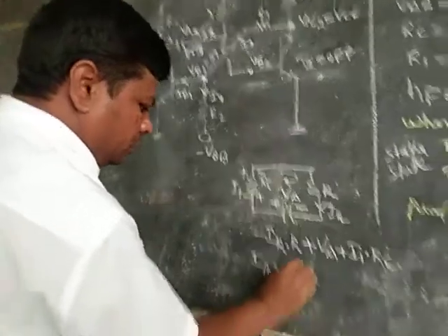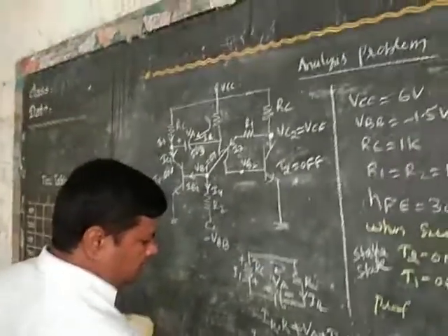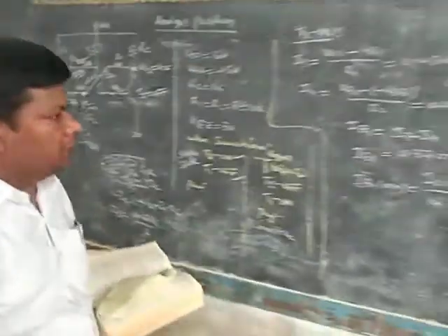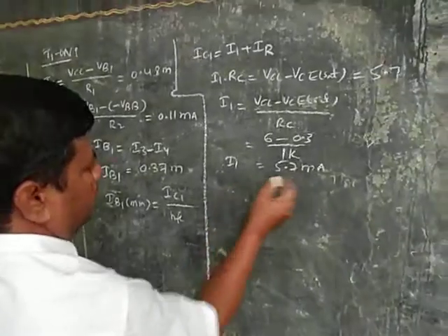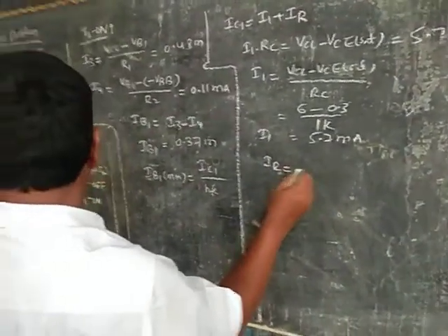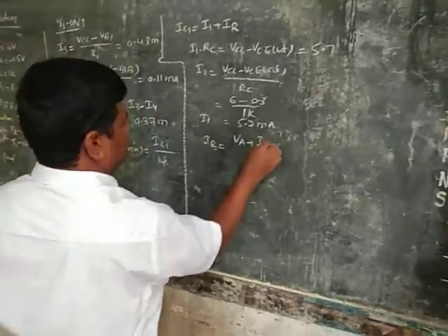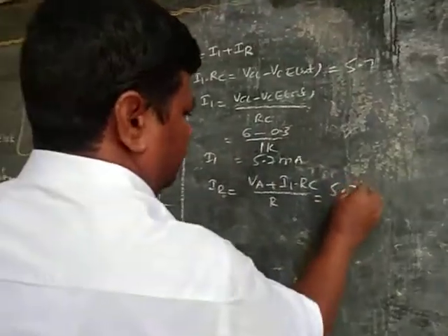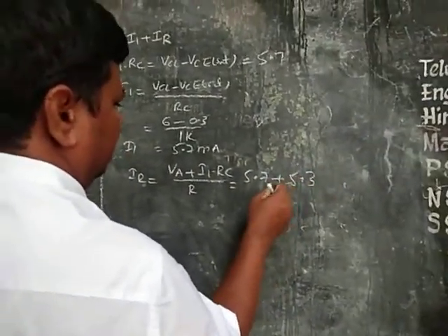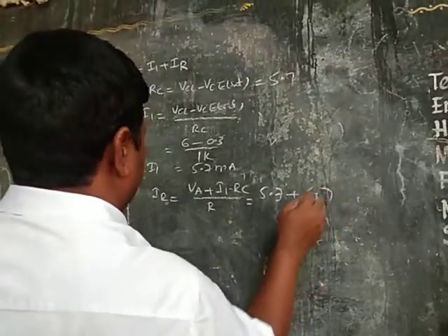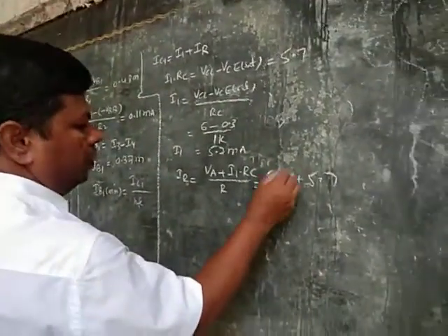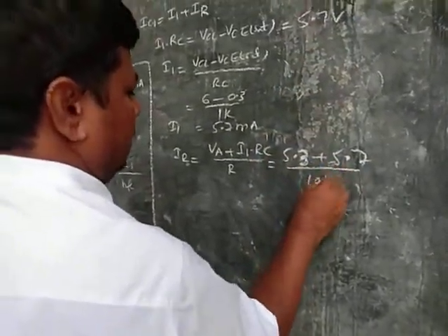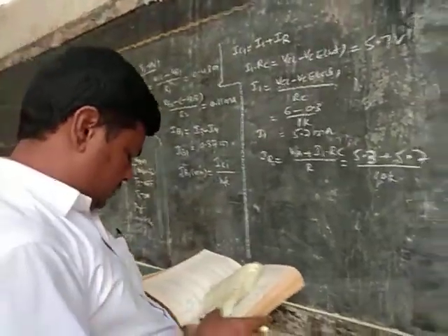From that, IR is equal to VA plus I1 into RC by R. So IR current is equal to 5.3 plus 5.7 volts by 10, that is around 1.1 milliamp.